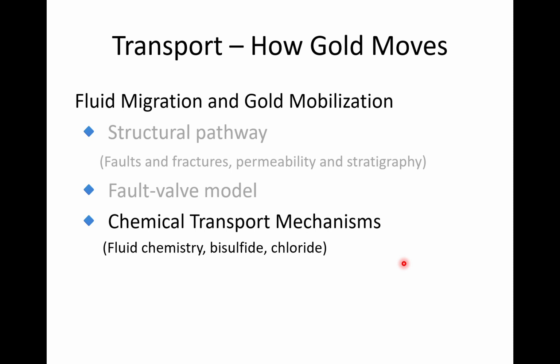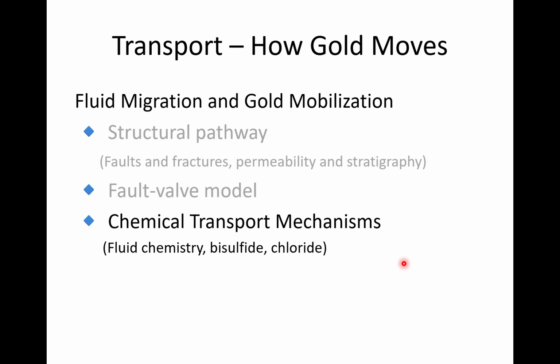In contrast, magmatic fluids, like those we already gave examples of, may be richer in chlorine and undergo boiling, carrying gold as chloride or bisulfide complexes, depending on the oxidation state.